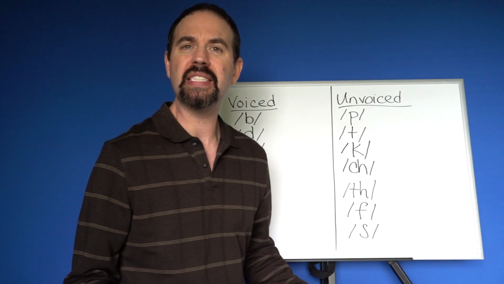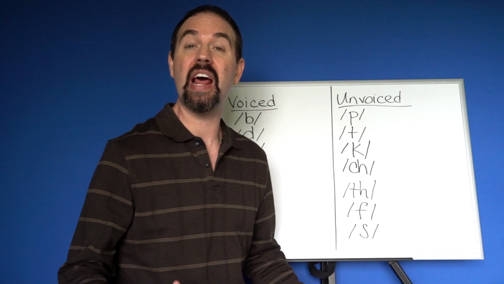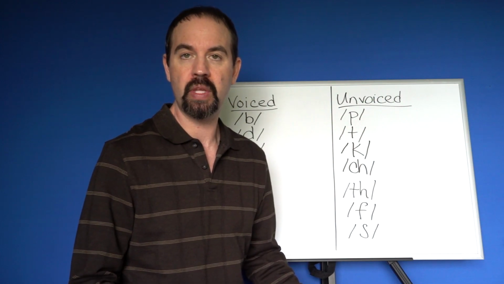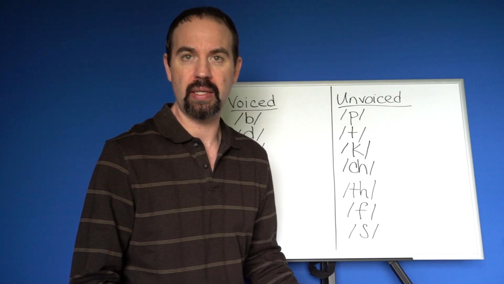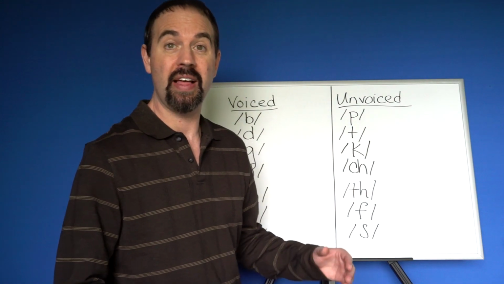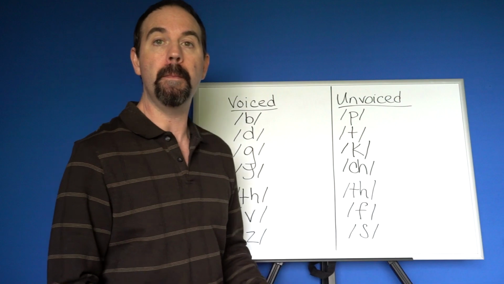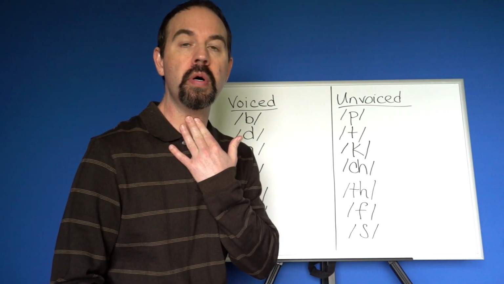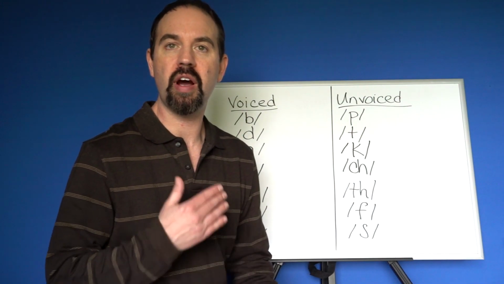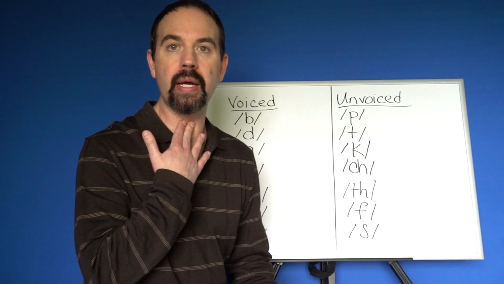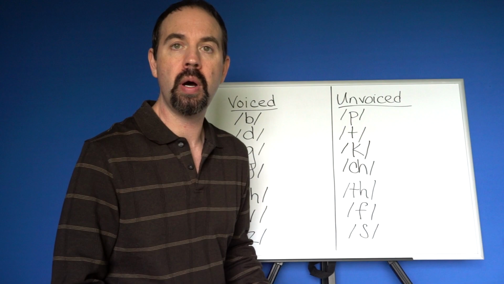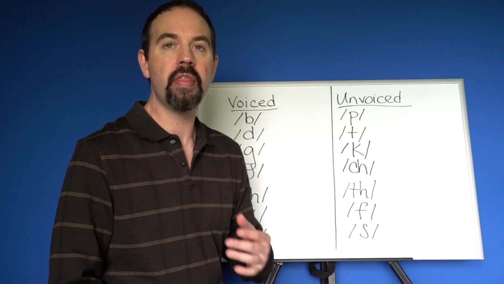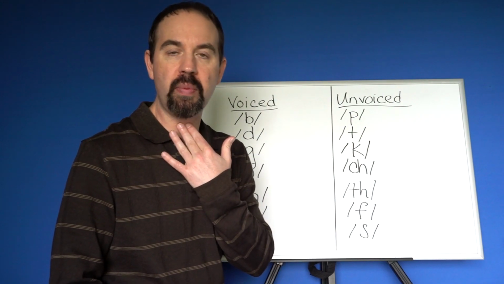Now, let's learn about voiced and unvoiced sounds. A voiced sound is where your vocal cords vibrate. So if I were to say this example, b, b, b, my vocal cords are vibrating, boy. In this example, the vocal cords are not vibrating.